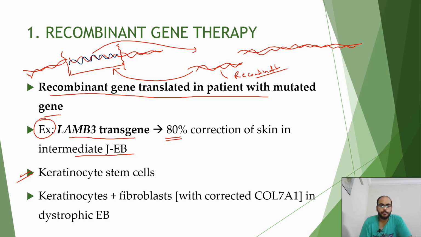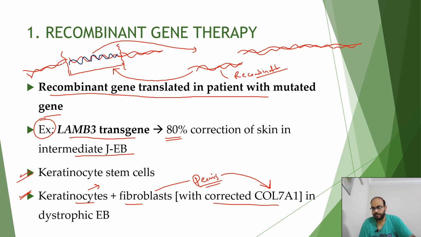Clear? Many of the time, keratinocytes can be combined with fibroblasts, and fibroblasts with corrected collagen 7A1 gene. Now remember, keratinocytes are the main cells in Epidermolysis bullosa, at least the simplex variant. Fibroblasts are mainly in the dermis, and fibroblasts secrete a lot of proteins, and an important one regarding basal membrane zone is collagen 7.